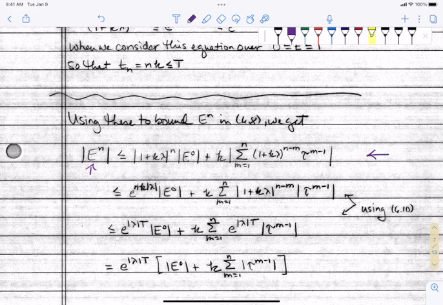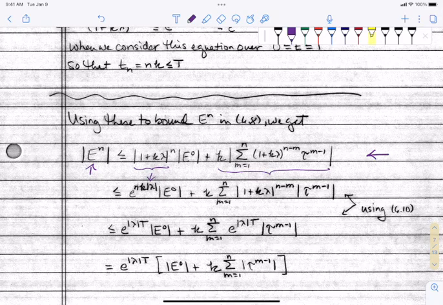And now if I pay attention to what you see here, I've just taken the absolute value of the whole thing back in equation 6.8 and used a little triangle inequality to split it up into its two pieces. This summation is the thing that we really want to focus on. That's an absolute value of a finite sum.